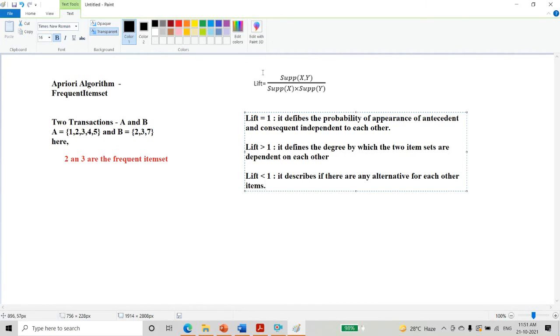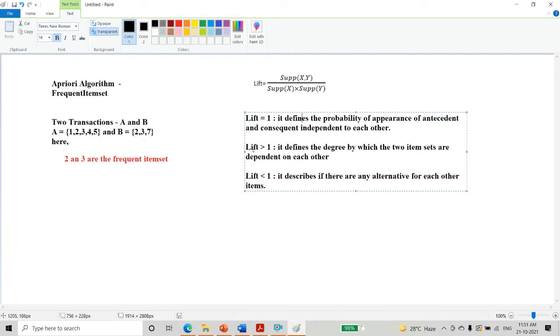So this is the formula: lift is equal to support of X comma Y divided by support of X into the support of Y. If the lift is equal to 1, it defines the probability of appearance of antecedent and consequent as independent of each other.